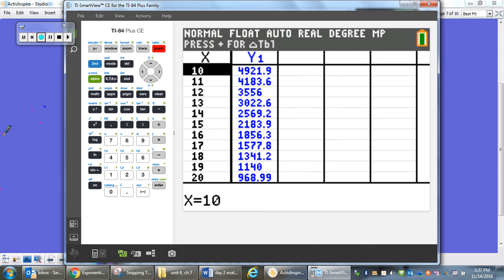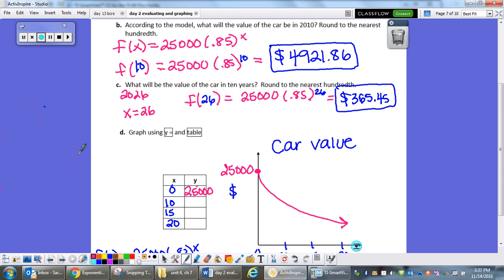All right, so now second table. There we go. So you notice it's a little more off. That's just because the calculator on the computer has rounded. So you can put either number, I won't mark off, as long as you have one or the other. So I'll know which both numbers are. And then the 15 is $2,183.90, so again, the calculator just rounds a little differently.